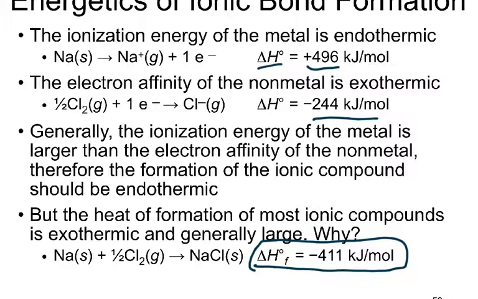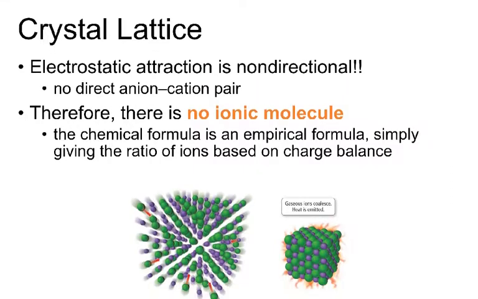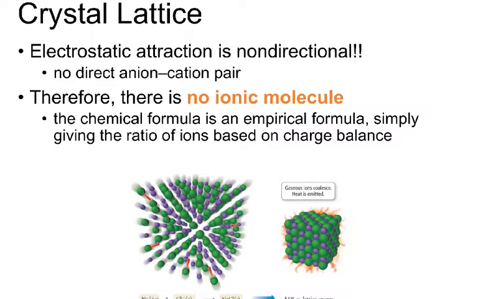So there's some part that we're missing because remember, delta H is a state function, and so our numbers should add up and we're missing something. The thing we're missing is the formation of a crystal lattice, that lattice energy. In a crystal lattice, there's no direct anion-cation pair.